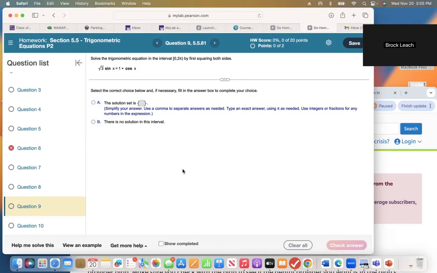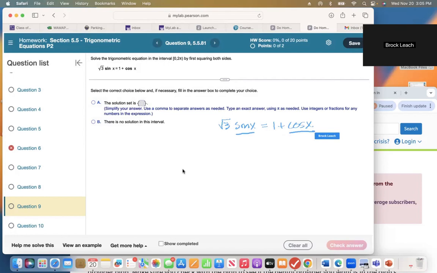Okay, so square root of 3 sine x equals 1 plus cosine x. So again, we have a sine x and we have a cosine x.